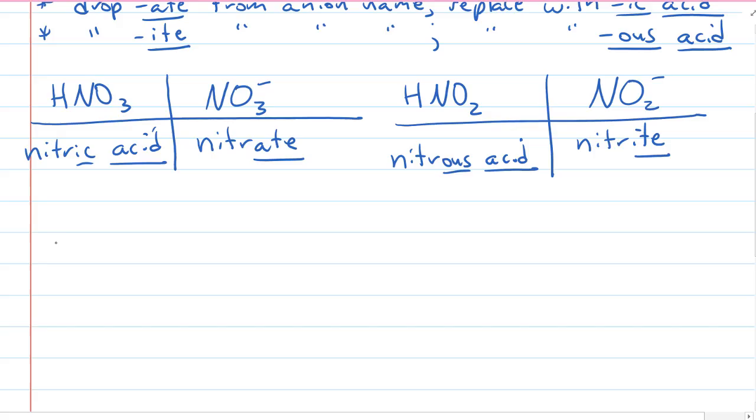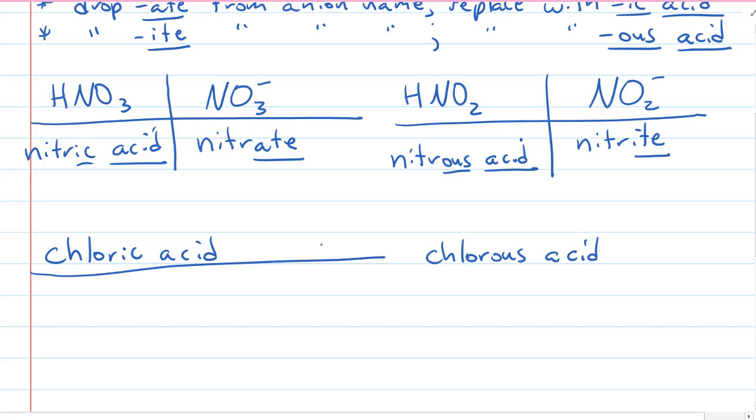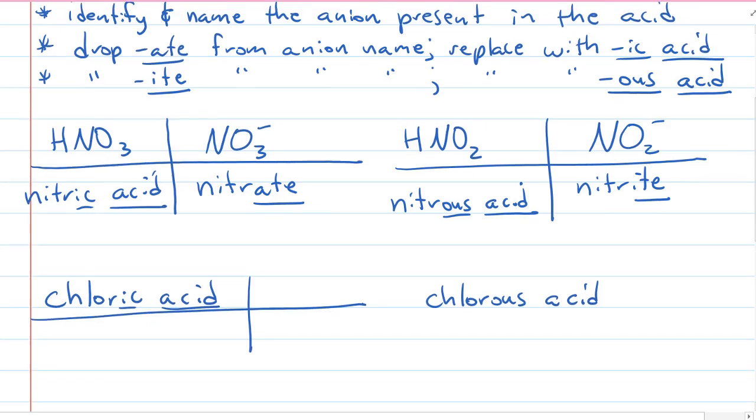Let's try going the reverse direction. Let's work with chloric acid and chlorous acid. Now, if we're looking at chloric acid, it has an IC acid suffix, and so working our rules in reverse, chloric acid must have come from which anion? Must have been the chlorate ion.